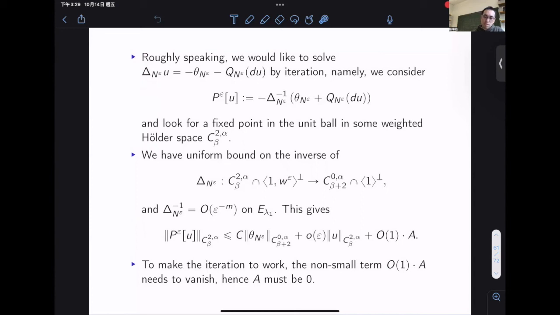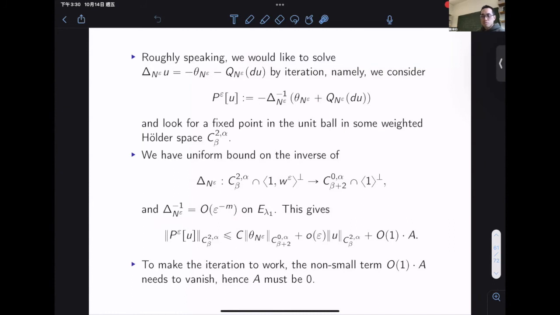You can see that a fixed point of this map gives you the solution to this equation, right? Now we have a uniform bound of the inverse of the Laplacian on the orthogonal complement of the kernel and the first eigenspace, right? And on the first eigenspace, the inverse of the Laplace operator blows up like this.